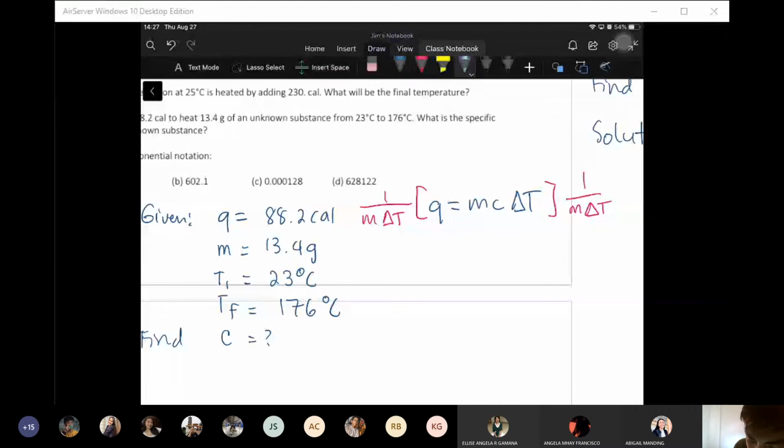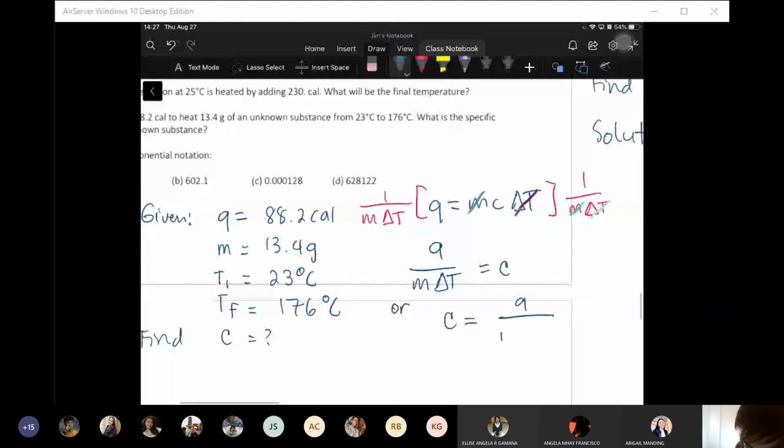I can now cancel the mass and delta t. Okay, so that will give me an equation q over m delta t equal c. Or I can rewrite it as c equals q over m tf minus ti.